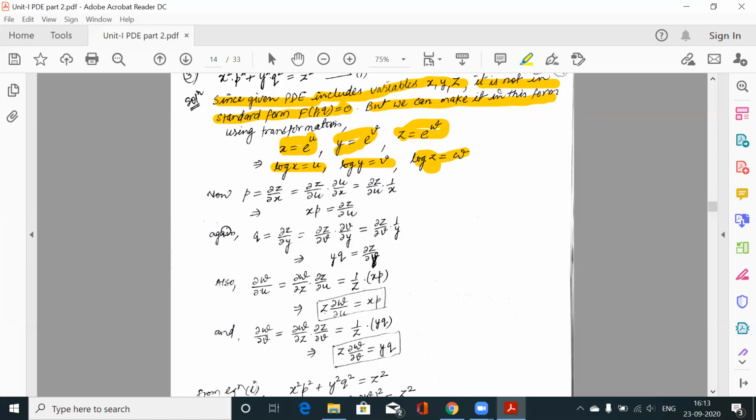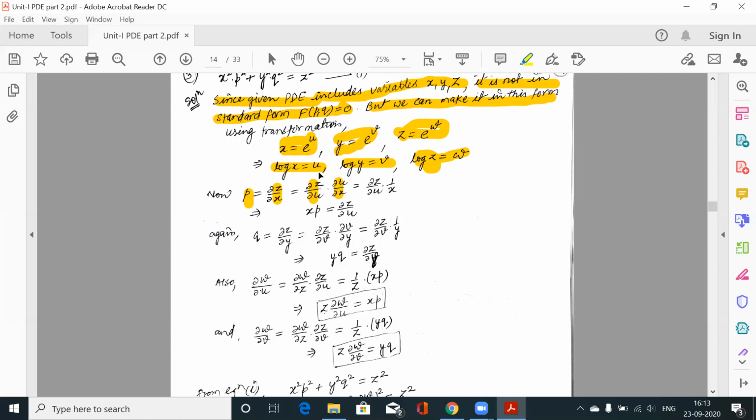Now converting p, because the dependent variable z has been changed into w, so the derivative will also change. p is equal to del z over del x, and z is a function of x, and now x is a function of u. So first we differentiate with respect to u: del z over del u and del u over del x.